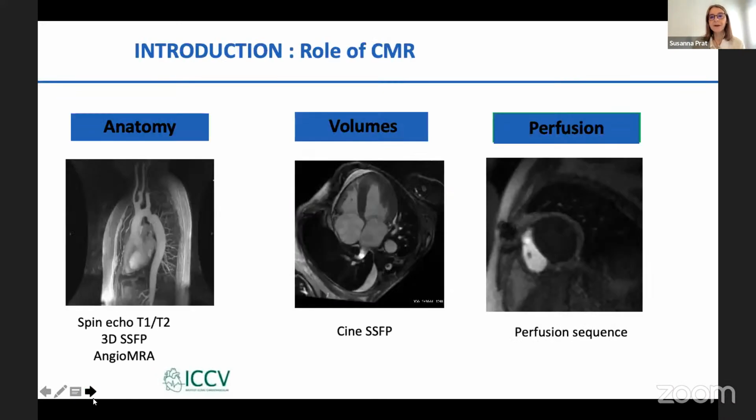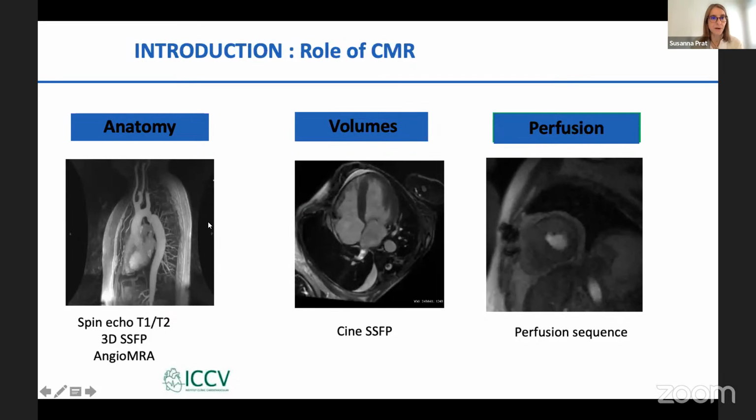To start with the topic, I want to introduce the role of cardiac MRI with our cardiac patients. We know the cardiac MRI technique is a good one to study the anatomy of our patients with sequences such as angio-MRA and the morphological spin echo sequence. It is the gold standard for ventricular volumes calculation and ejection fraction with cine images.